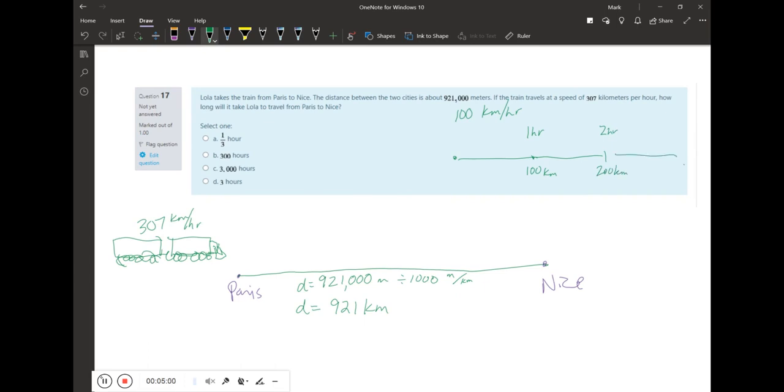And so on. Even if you didn't know the formula, you could go, well, this train is going to go 307 in the first hour, and it's going to go another 307, so it'll go up to 614, and then in another hour it's going to add another 307, and we're going to get to 921. Okay, so you could do it that way.